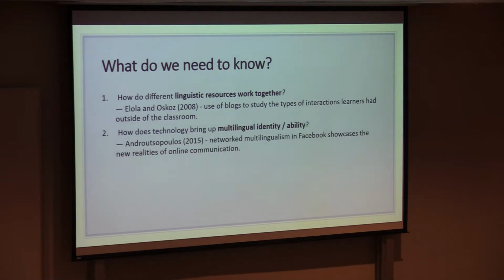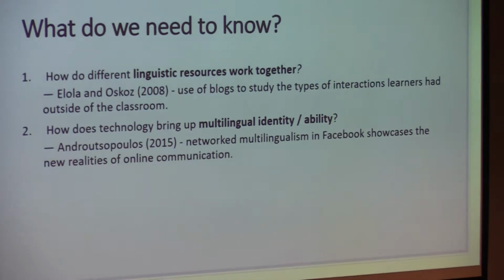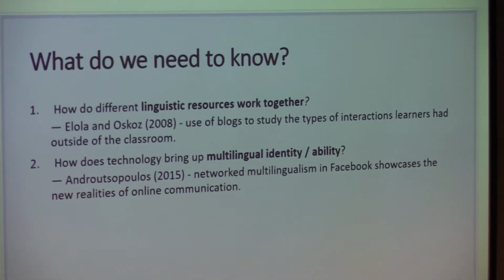You also have the issue of how technology brings up this notion of multilingual identity ability, and Androutsopoulos talks about network multilingualism in Facebook. I should mention, by the way, I've been to some presentations. There are discussions about WhatsApp, guanxi, I think, is the Chinese word for relationships, and how those WeChat moments are assessed in that study.